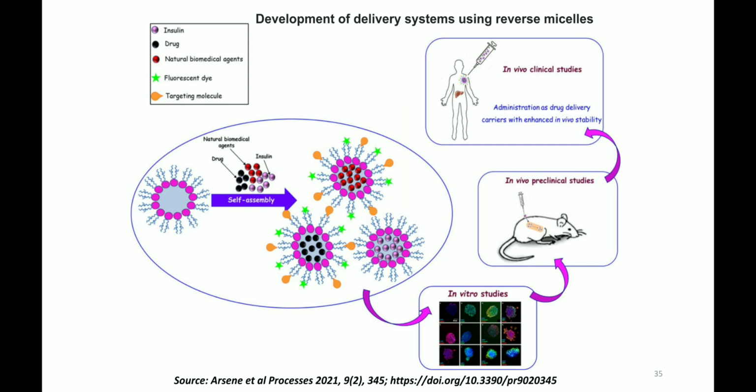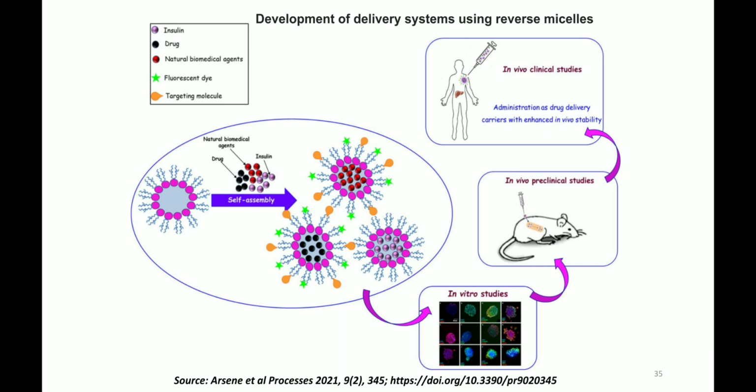Similarly, I found another paper, and in the same paper they have also shown how you can use this reverse micelle for delivery systems. You can use them as a carrier, as delivery agents. For example, you have a micelle, and you can insert many things in it, like insulin, drugs, or natural biomedical agents.